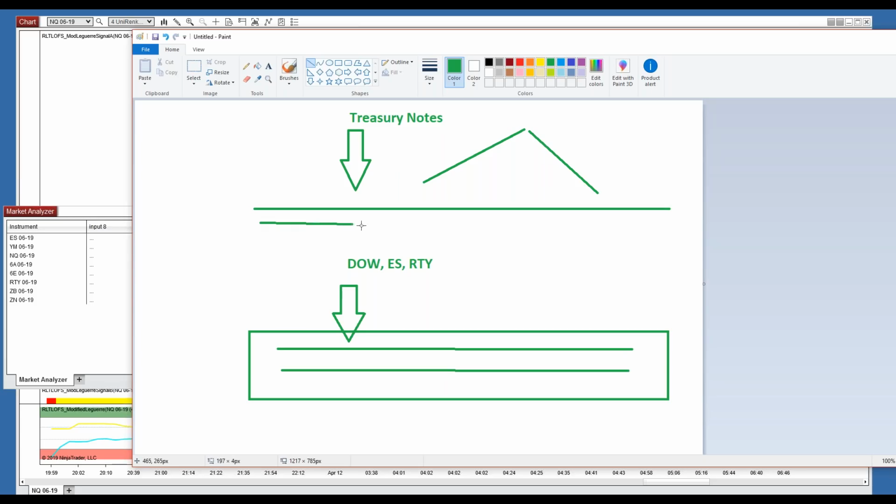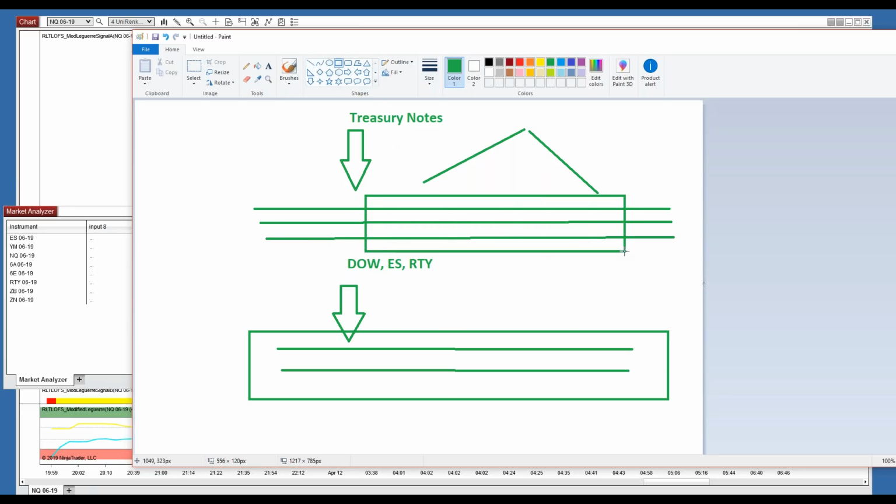Now, if you have the long-term Laguerre assessment and the short-term Laguerre assessment, 3 greens, the trade analyzer is going to give you a long signal to get into bonds, treasury notes, excuse me, long.